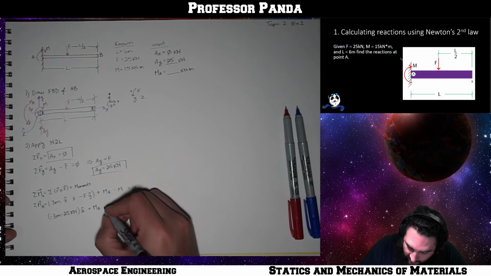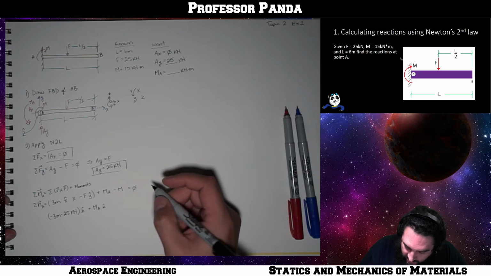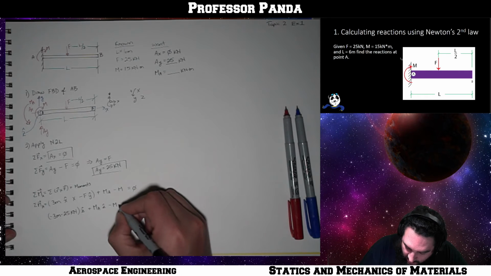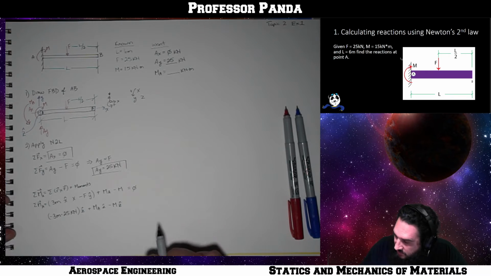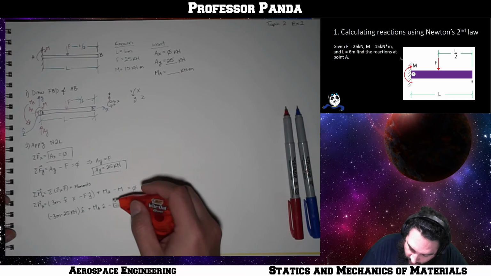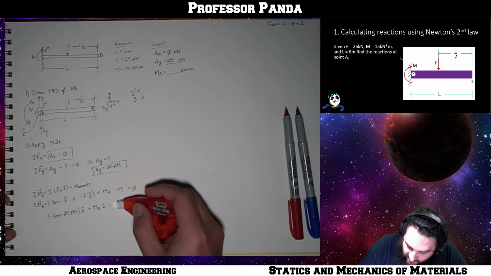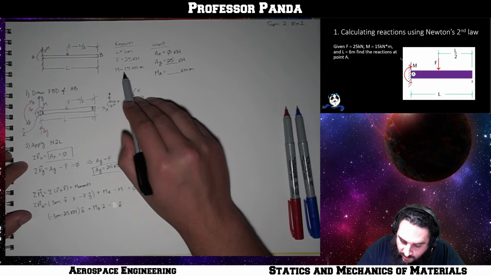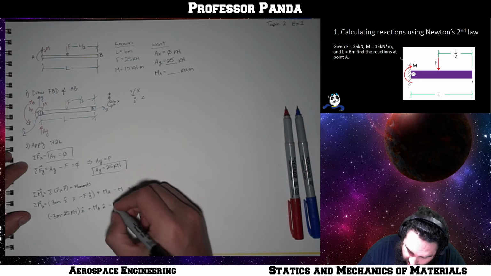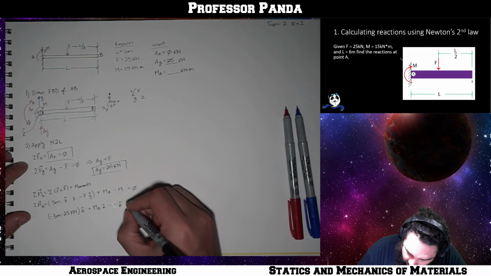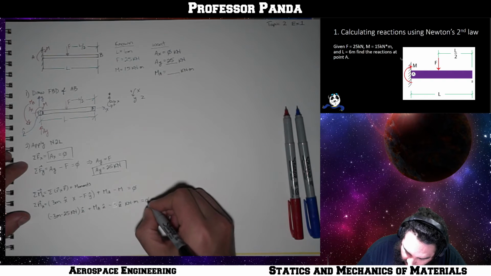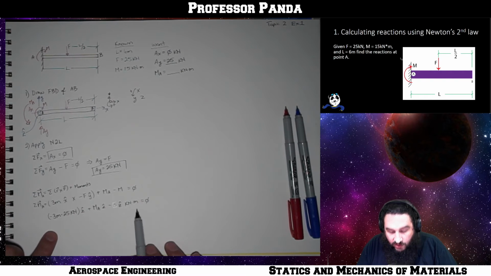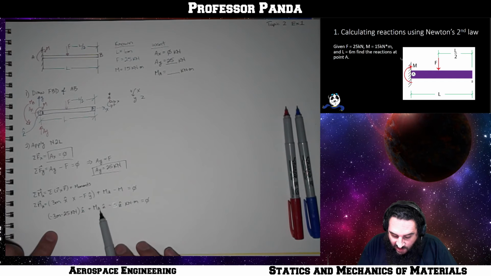So this will also get a Z hat and minus an M Z hat. Probably should have inserted, let's go ahead and put in a value for M since we know it. M is 15 kilonewton meters. And I'll put that over here. Kilonewton meters equal to 0. Okay, so now we have all of our numbers in here, and we're solving for MA.